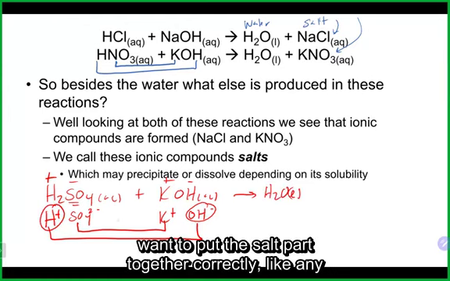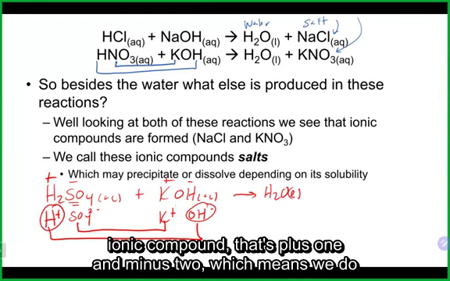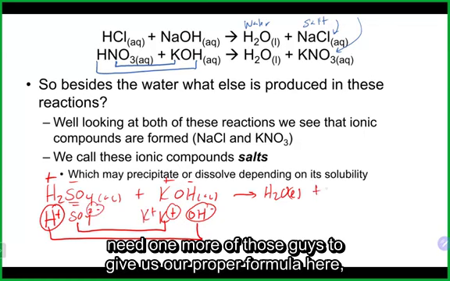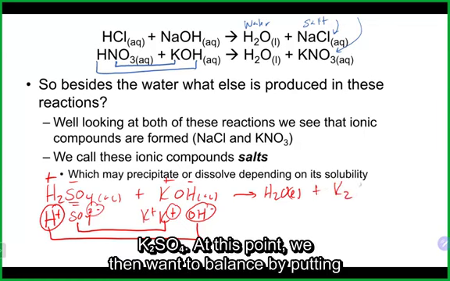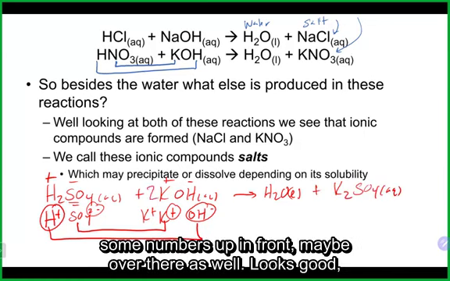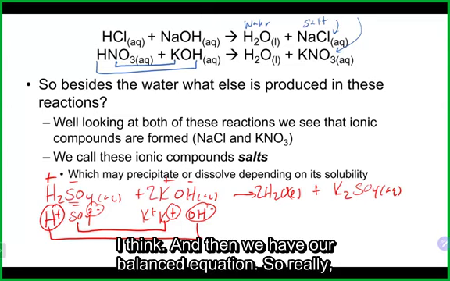And then we do want to put the salt part together correctly, like any ionic compound. That's +1 and -2, which means we do need one more of those guys to give us our proper formula here of K2SO4. At this point, we then want to balance by putting some numbers up in front, maybe over there as well. Looks good, I think. And then we have our balanced equation.